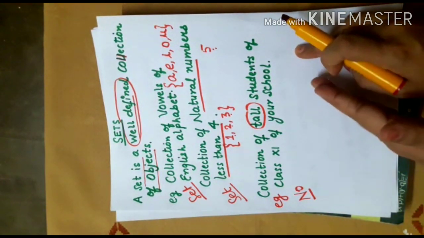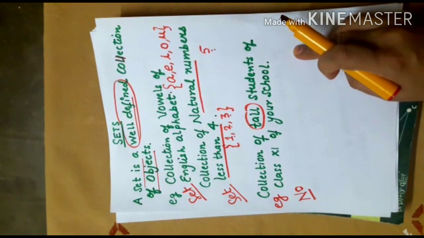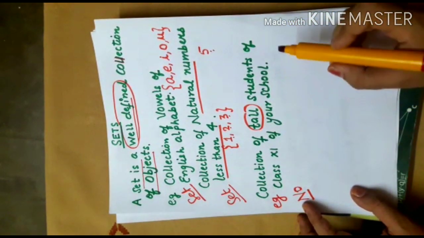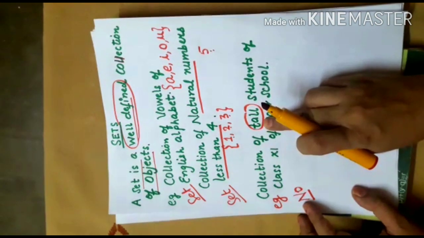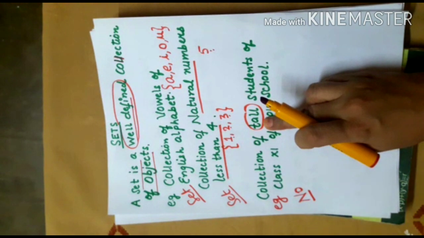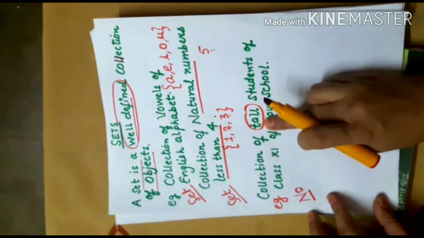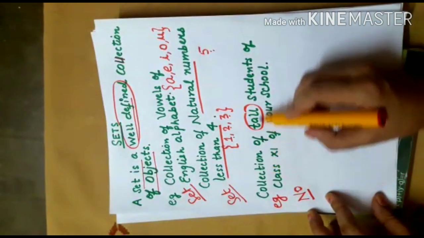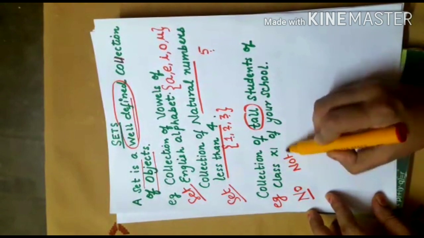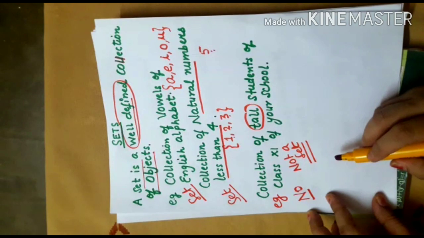But the same student, according to some other person, may not be tall. So we will not be able to decide whether a particular student will belong to this collection or not, because the opinion will vary from person to person. So collection of all tall students of class 11th is not a set because it is not a well-defined collection.